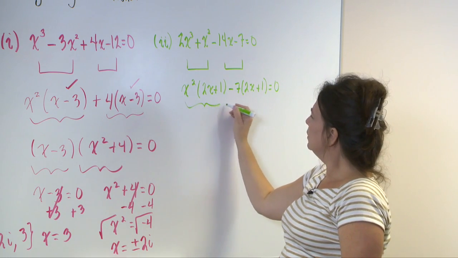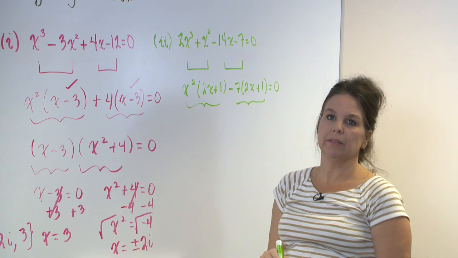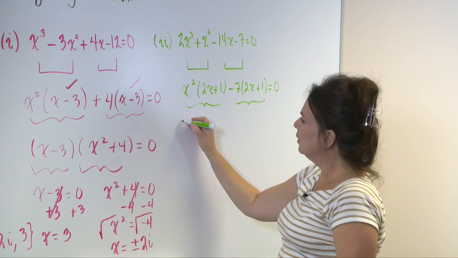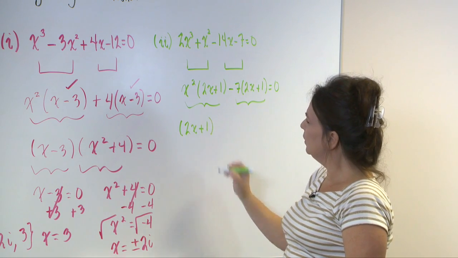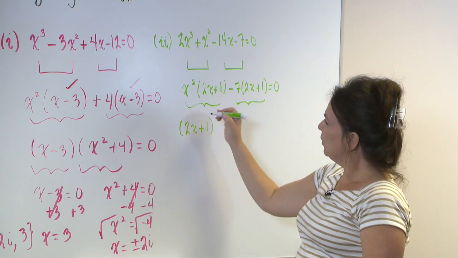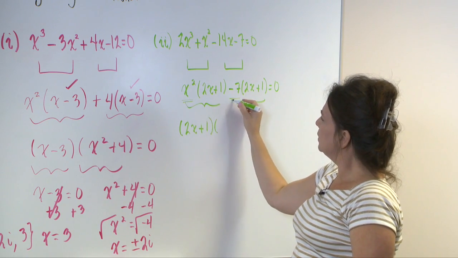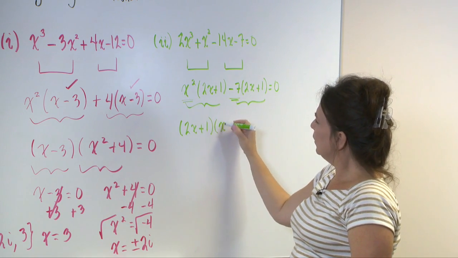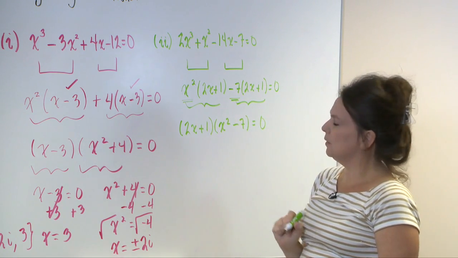So looking here as well as here, I see I have a common binomial of 2x plus 1. I'm going to write that common binomial down, 2x plus 1. And I'm going to write down what I'm left with, the x squared minus 7, in a second set of parentheses.